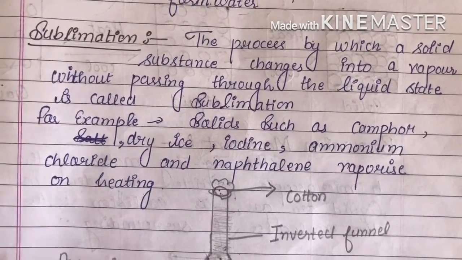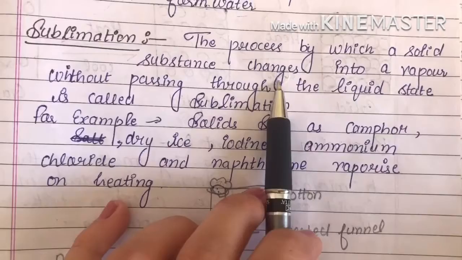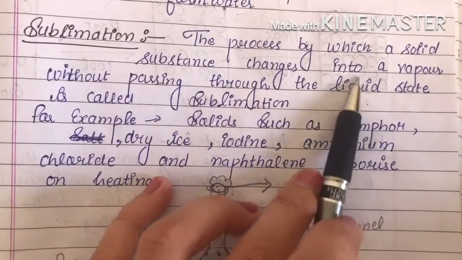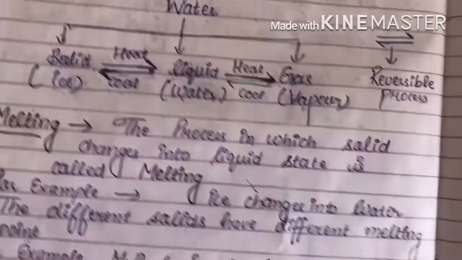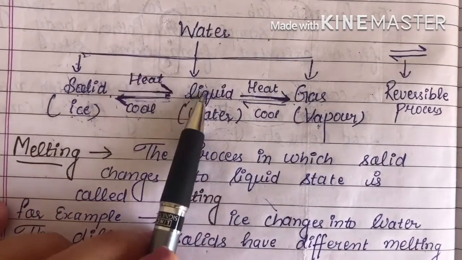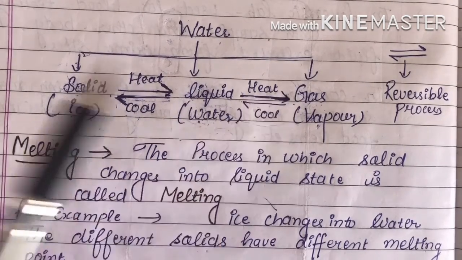What do you mean by sublimation? The process by which a solid substance changes into vapor without passing through the liquid state is called sublimation. Here you can see the solid first changes into liquid, then the liquid changes into the gaseous state. But in sublimation, what will happen?